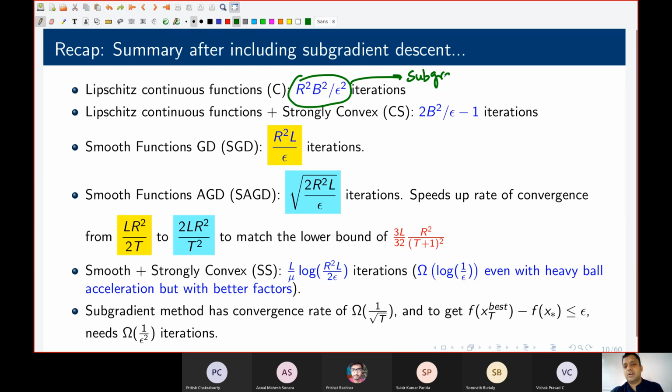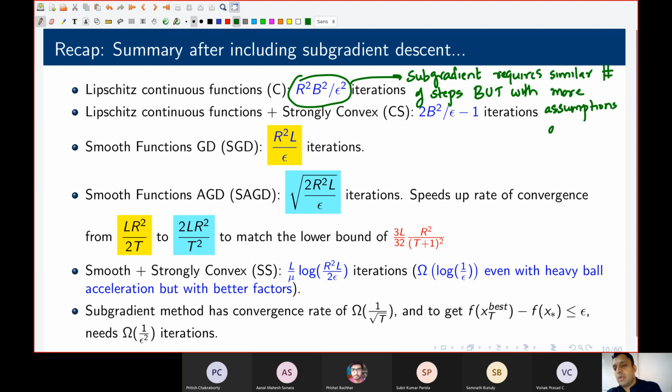Subgradient requires similar but with more assumptions on gamma.